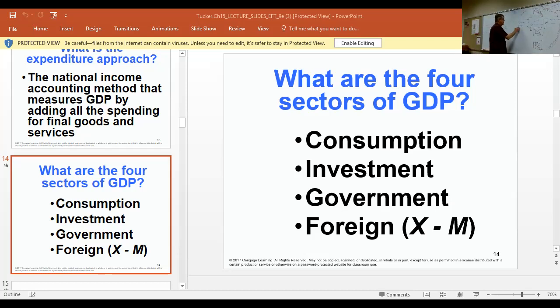But we can't measure that, okay? Because you can't add apples and oranges. I can't add the number of airplanes with the number of cars, the number of shirts, the number of pairs of pants, the number of pairs of sunglasses, the number of economics lectures produced, the tons of grain produced, and come up with a meaningful number that would express how well the economy is doing or how much stuff it's producing.